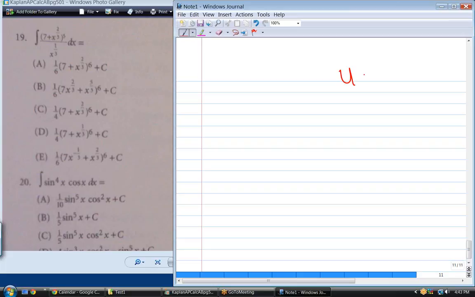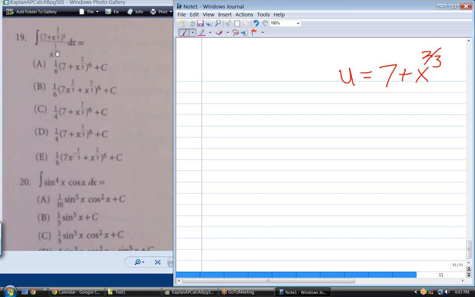Yep, u equals 7 plus x to the 2/3. And the reason that makes such a terrific u is because the derivative of that leaves you with x to the minus 1/3, which would put it then in the denominator. It's going to take out that x to the 1/3 there. Okay?